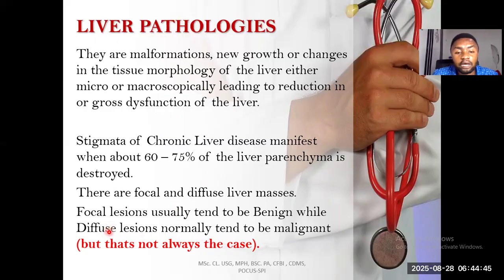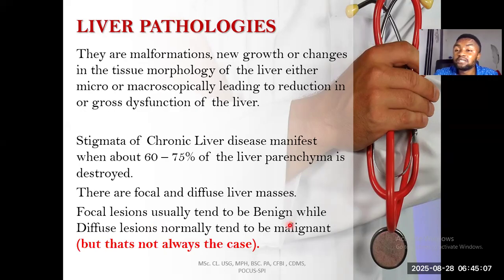So the focal lesions usually tend to be benign, while diffuse lesions normally tend to be malignant. You know the meaning of benign and malignant, right? I think everybody knows. Benign means not cancerous. Malignancy means it is cancerous. It has cancer cells. Do you understand?